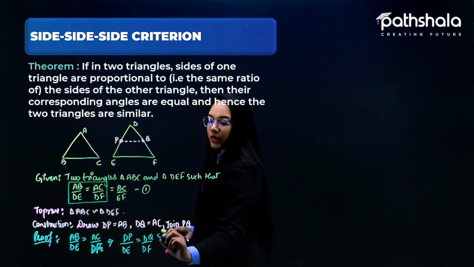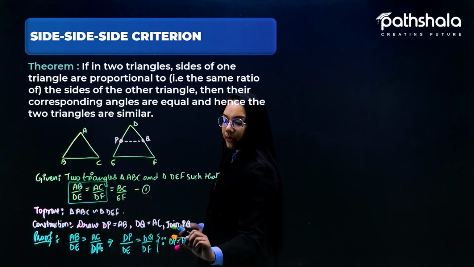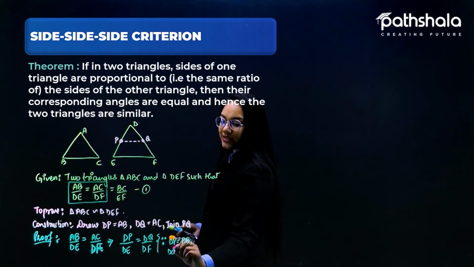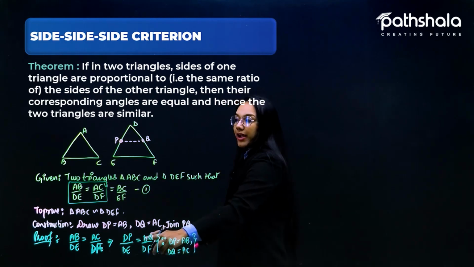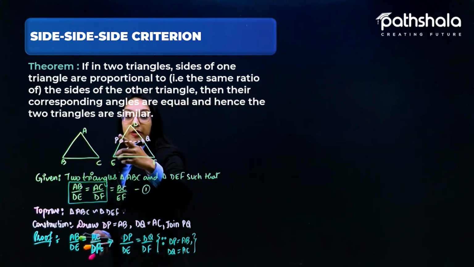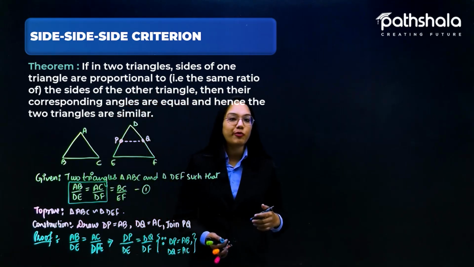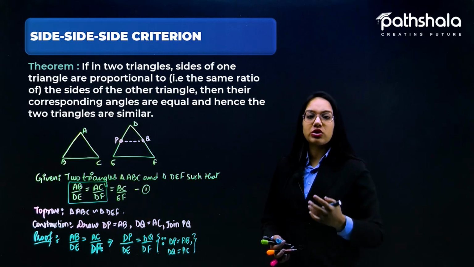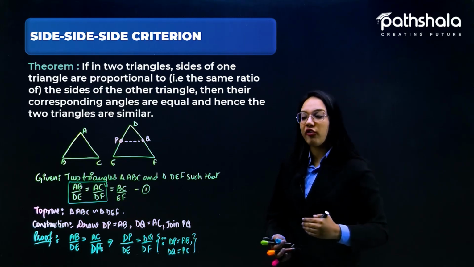So as you can see, we can write this since DP is equal to AB and DQ is equal to AC. So DP by DE is equal to DQ by DF. This is actually the converse of BPT. If the ratios of the sides are equal to each other, this is all about the converse of BPT.